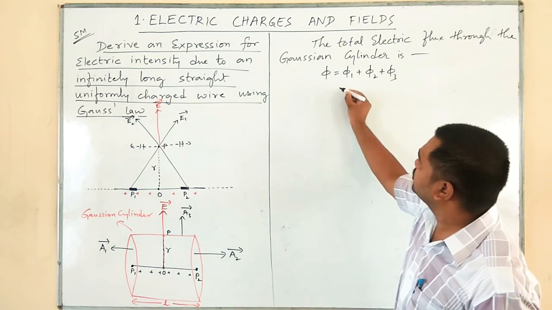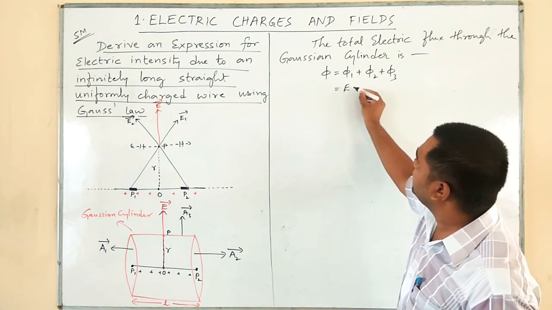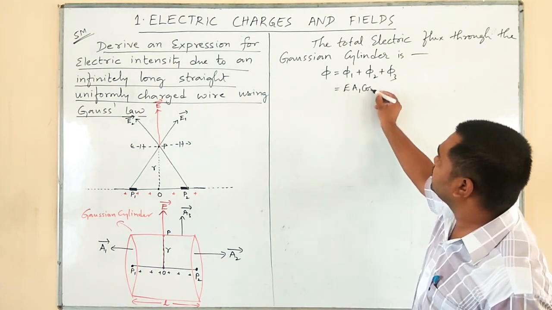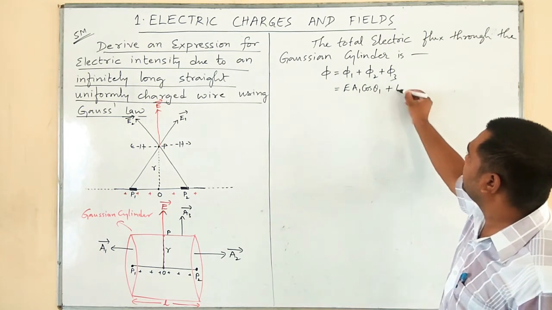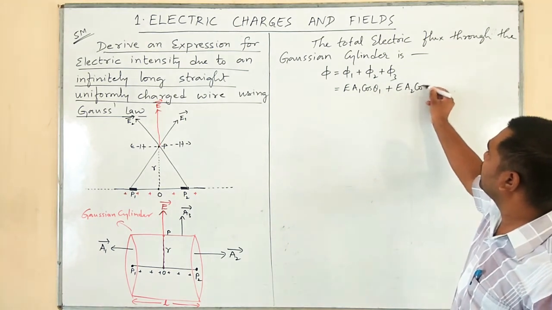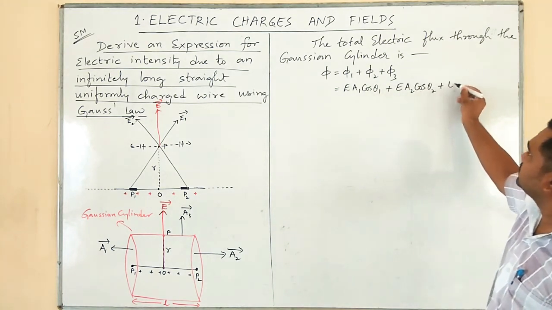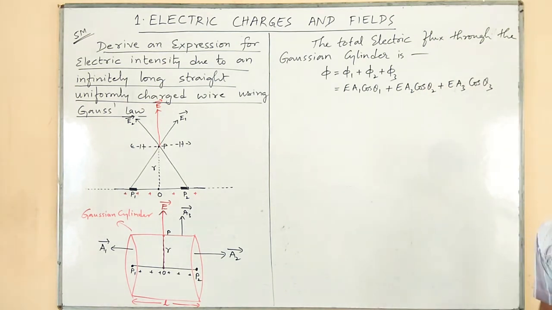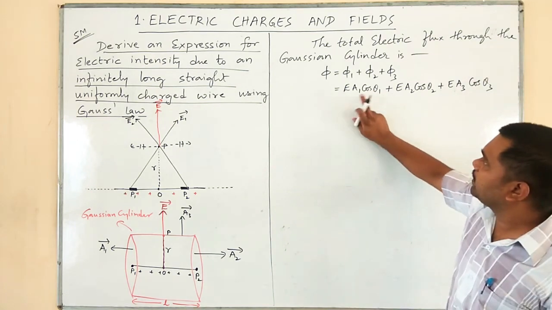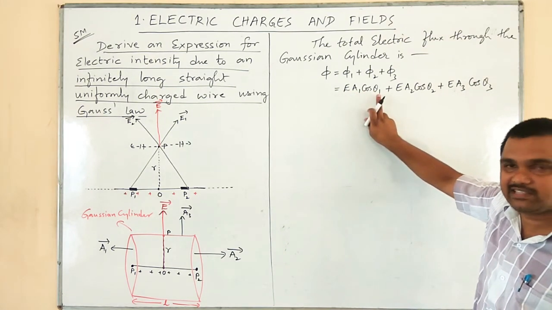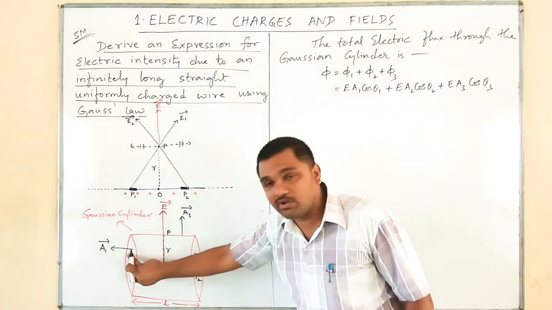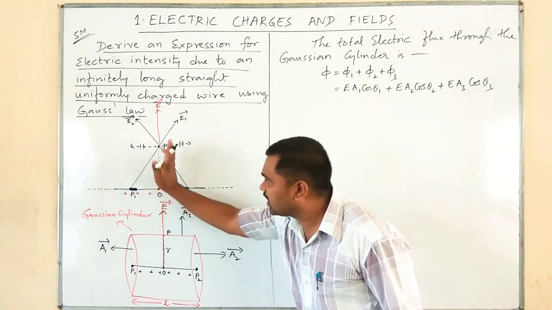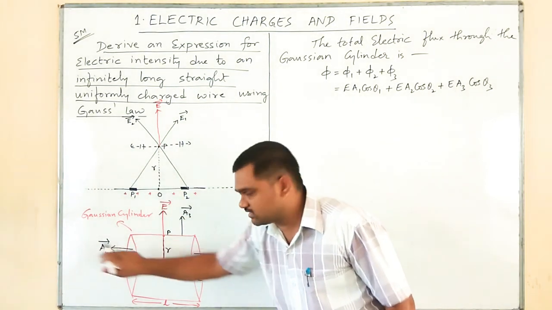Okay. The expansion form says E A1 cos theta 1 plus, similarly, E A2 cos theta 2 plus E A3 cos theta 3. Okay, see, what is the angle between E and A1? That is theta 1. What is the value of theta 1? E is along this direction, A1 is along this direction.